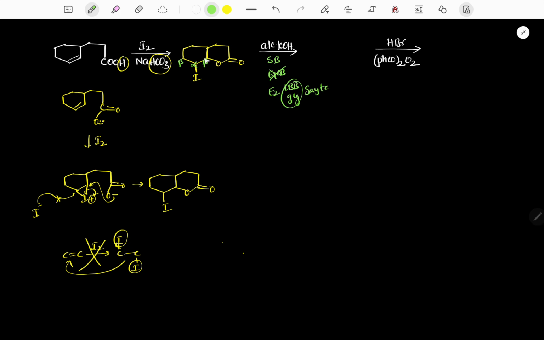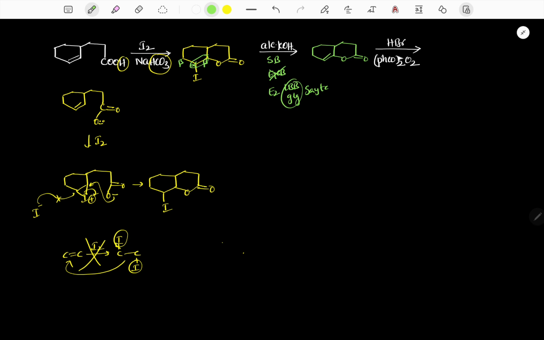But in this case conjugation is present. Whenever conjugation is present, don't bother about Saytzeff and Hofmann, simply write down the conjugated alkene. If there is a chance to form a conjugated alkene, we must form the conjugated alkene. It is the major product.